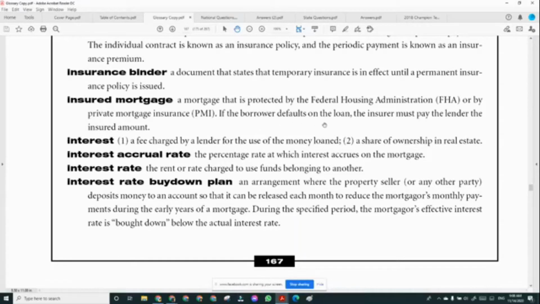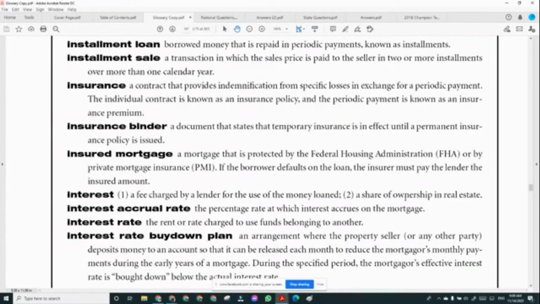If the borrower defaults on the loan, the insurance must pay the lender the insured amount. And this insurance amount on an FHA loan is there for the life of the loan. And it could range from $155 on up. That's in addition to the PITI, principal, interest, taxes, and insurance. That's part of the loan. So that would be an extra charge, an extra fee.